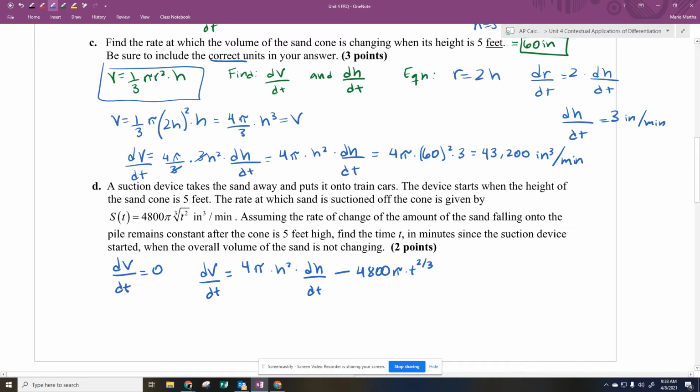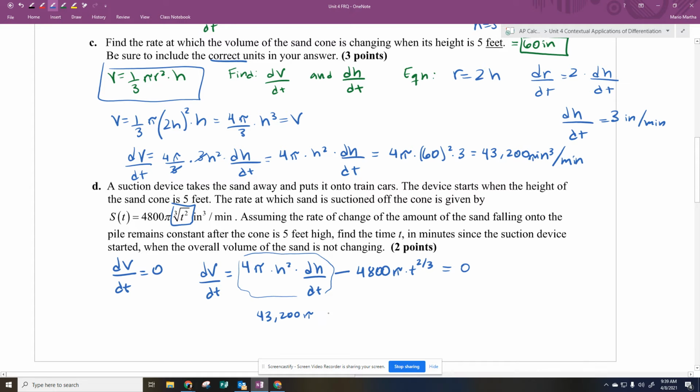I just rewrote this as an exponent. And then that has to be equal to 0. We just found this side in the previous problem: it's 43,200 pi cubic inches. I missed the pi over here on top, my bad.